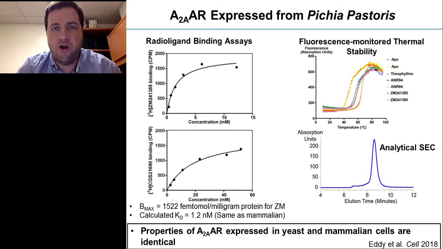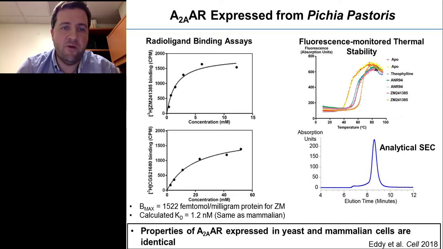Most of the crystallography and other structural studies done on human GPCRs have expressed the receptor in either insect or mammalian cell systems. Because of that, we wanted to carefully characterize the material that we expressed to make sure that its function and fold and properties were identical to the same protein expressed in insect or mammalian cell systems.